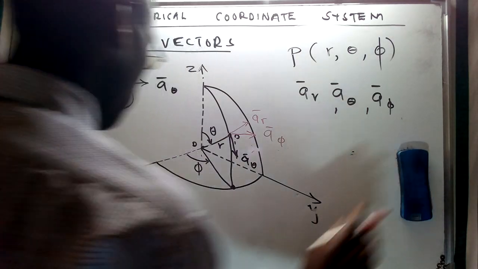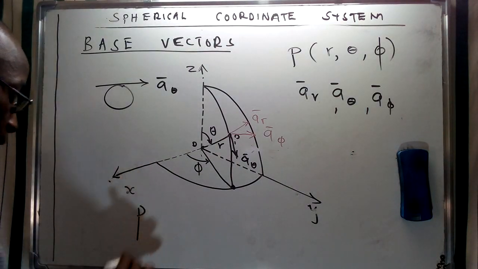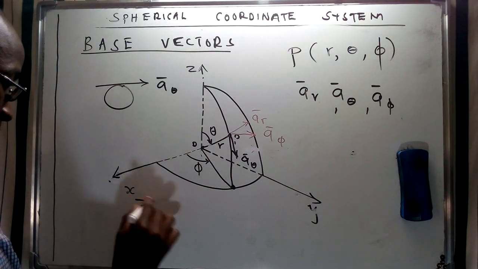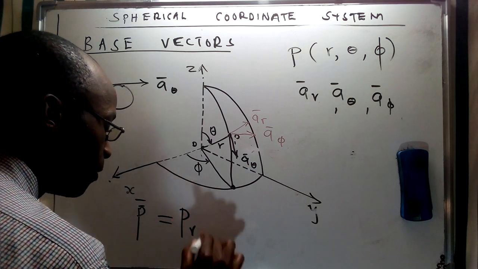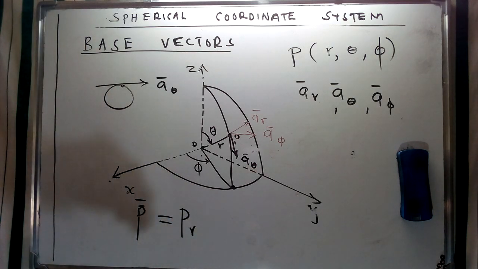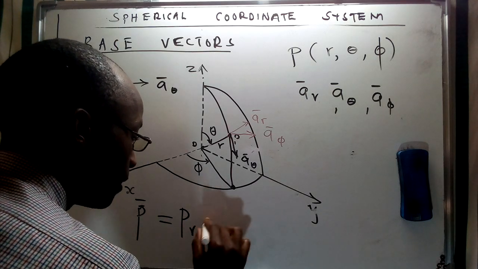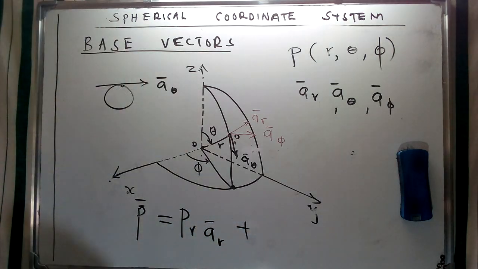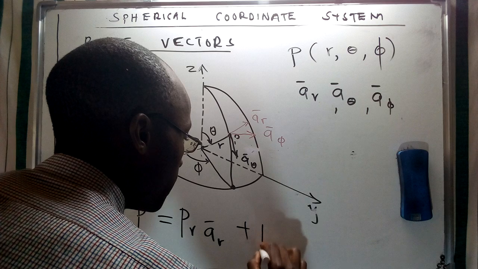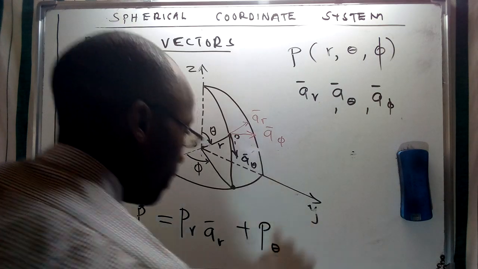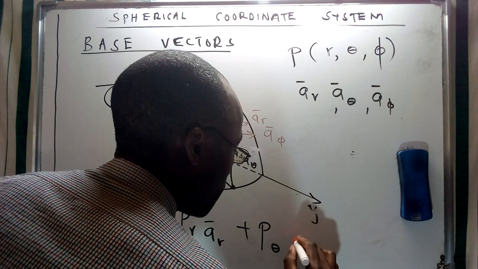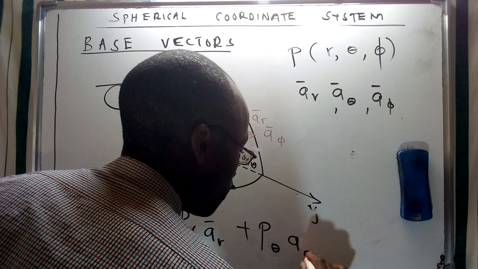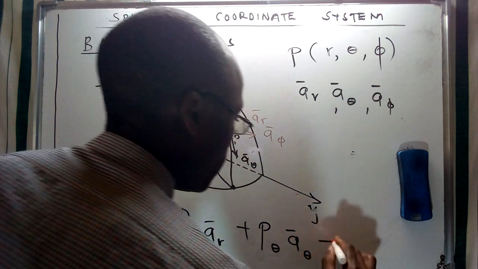So generally, we can illustrate a vector P using the three unit vectors, whereby P_r is going to form a radius, and then we have the unit vector a_r illustrated with that, and then a combination of that with the aspect of theta and phi. So P theta and P phi are going to form a set of angles as we had mentioned.